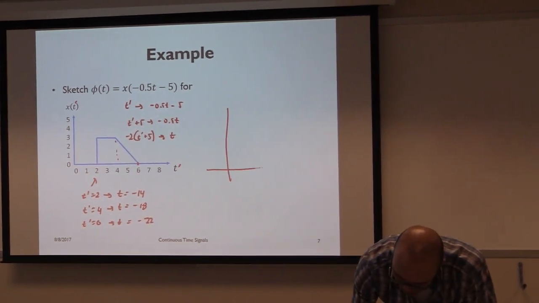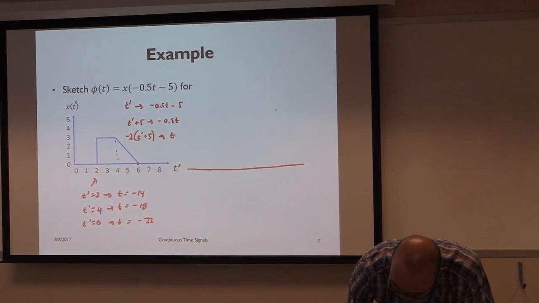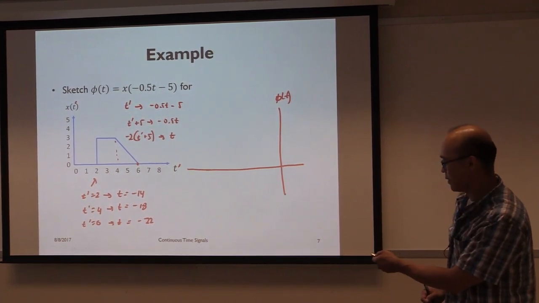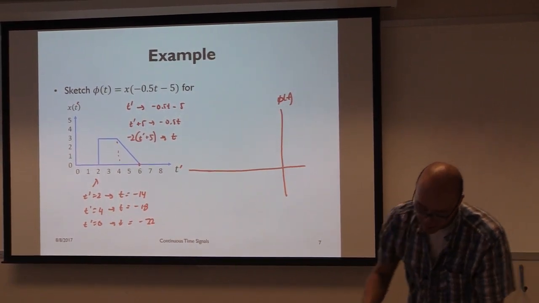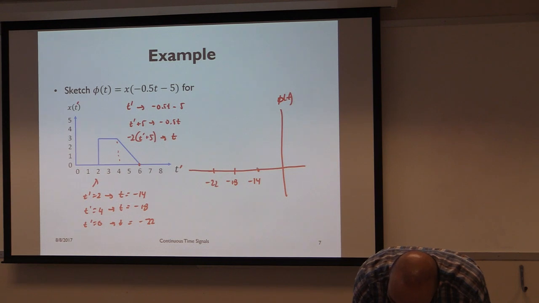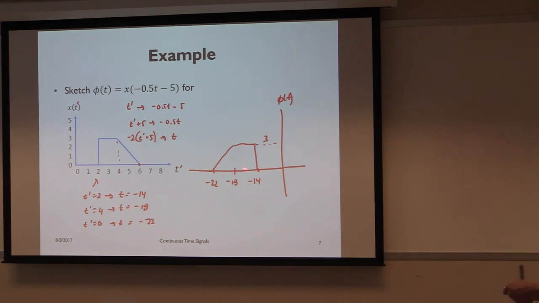So if I want to sketch now phi of t, the key points that I have to take a look at are going to be minus 14, minus 18, and minus 22. And so what I'll have for my signal is the following one. So this would correspond to a signal that's been expanded in time and in which I've also created a shift.